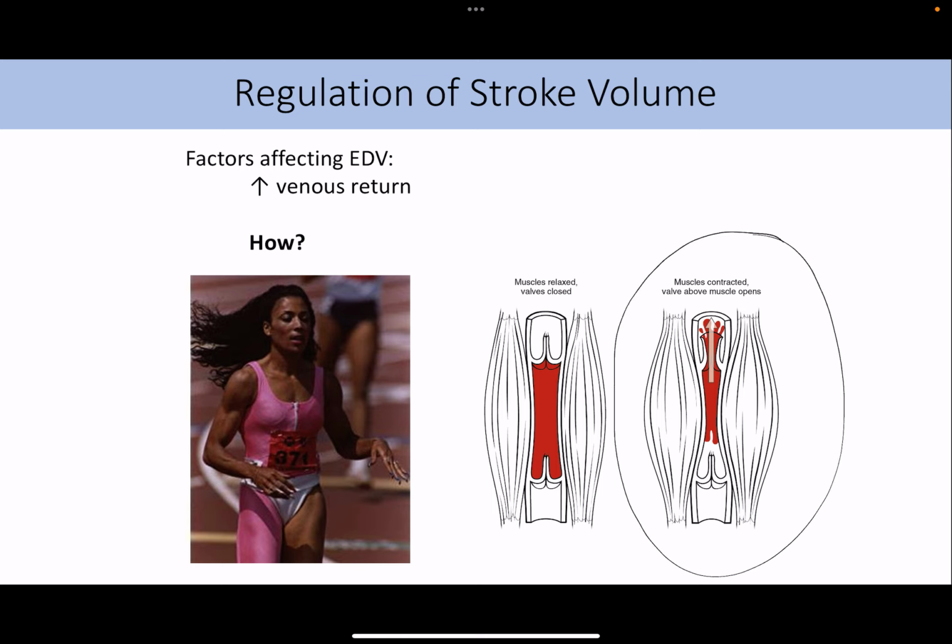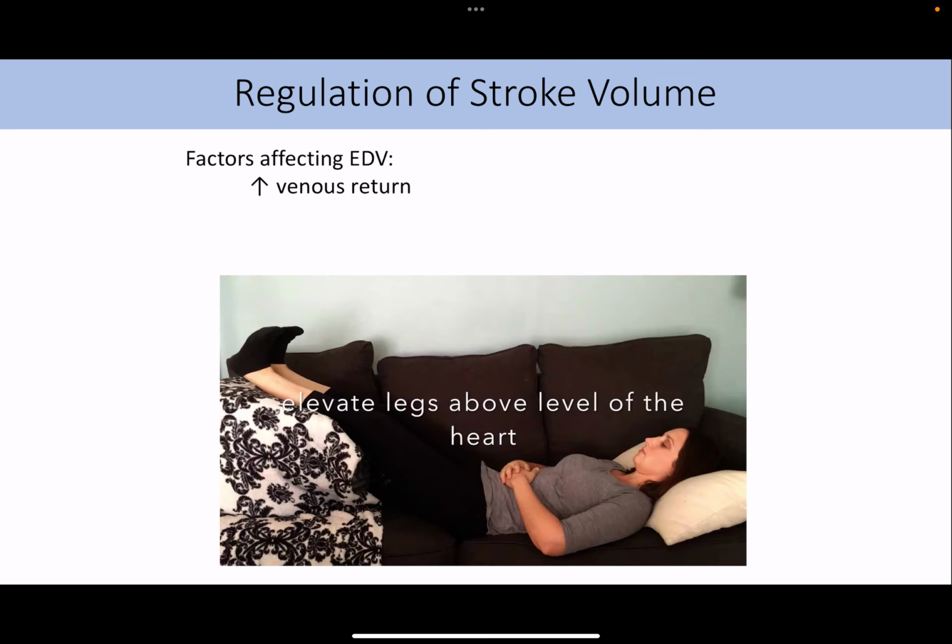Another way is by elevating the legs above the level of the heart. If you elevate your legs above the level of the heart, then gravity is going to work faster to get that blood back to your heart. So this is what we do when somebody passes out. You elevate your legs so that gravity can do its job, and we can return more of that blood back to the heart so they can pump it out faster, get more oxygen to the brain, and hopefully they can wake up.